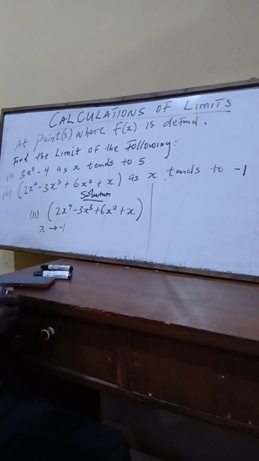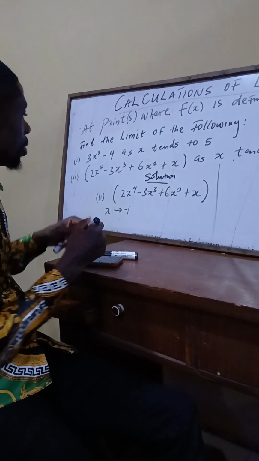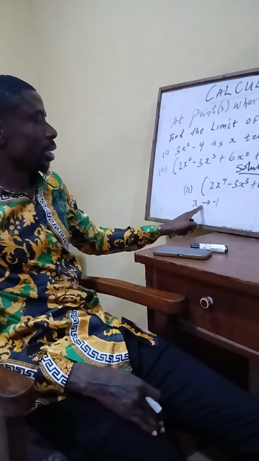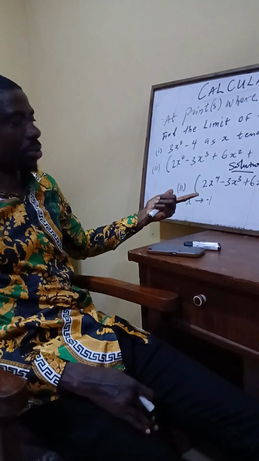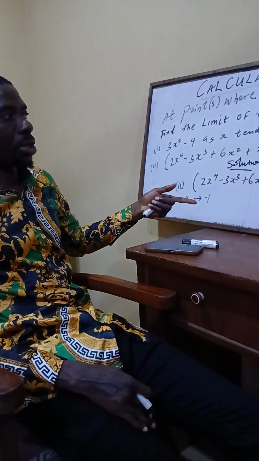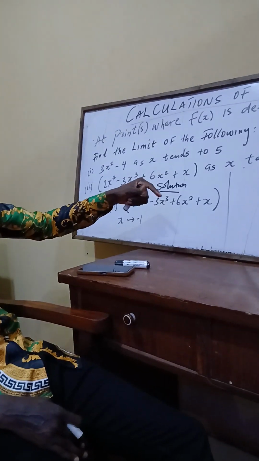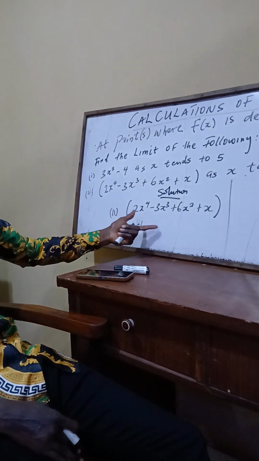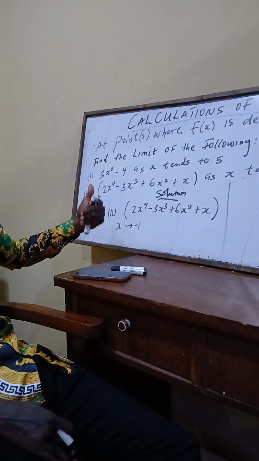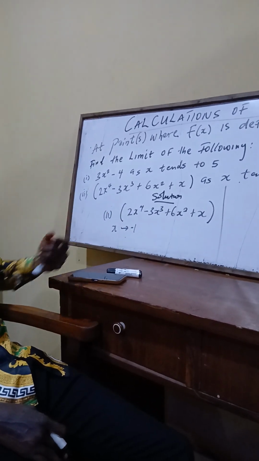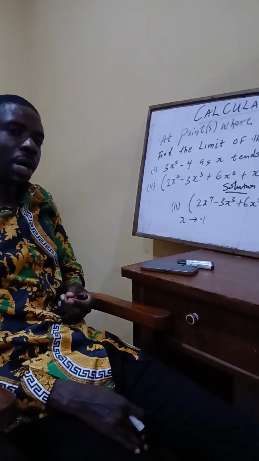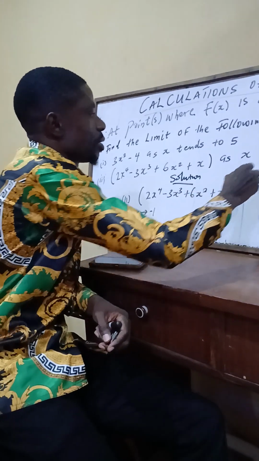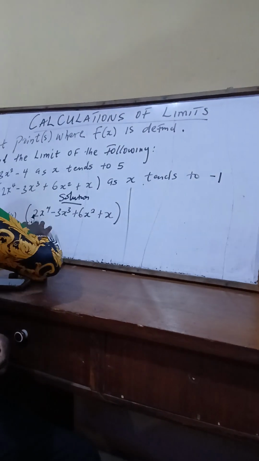So what we have to do now, we substitute from this point. Any place you see x, because what we are doing now is direct substitution. Once it doesn't exist, then it means that it is undefined. But at this point now, we are trying to prove that this is defined, meanwhile the number does exist. So we remove the brackets.